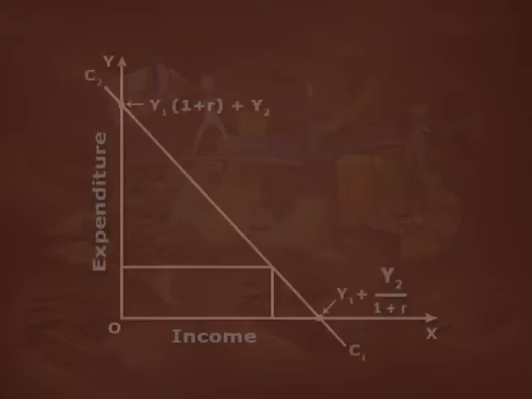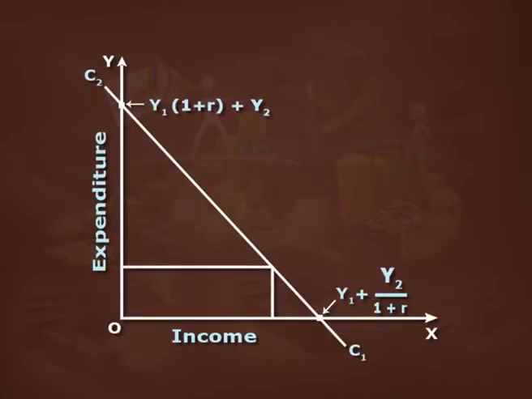Here, in this figure, we can understand that the left hand side shows the present value of expenditure and the right hand side depicts the present value of income. Multiplying the equation by 1 plus r would give us the corresponding future values.